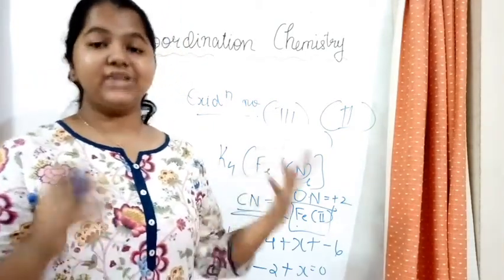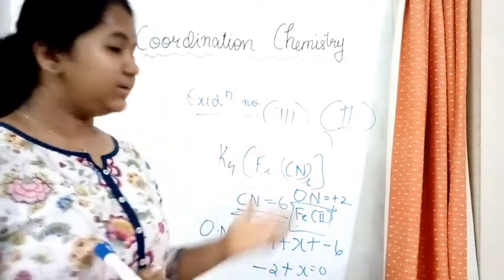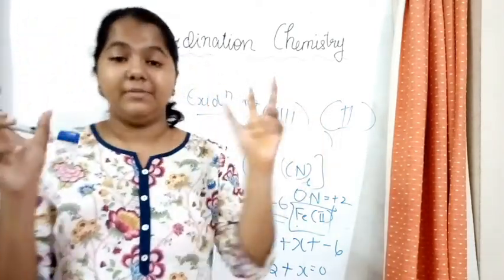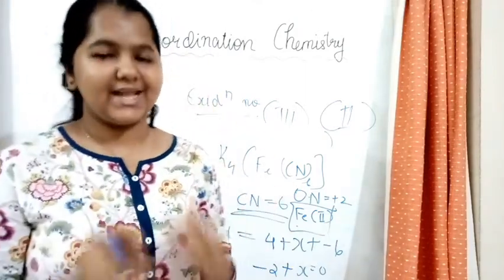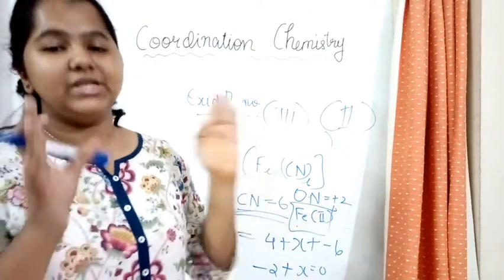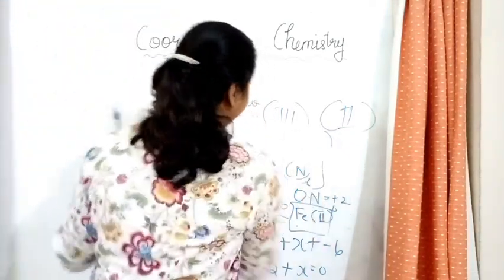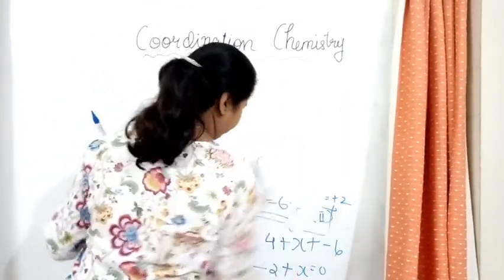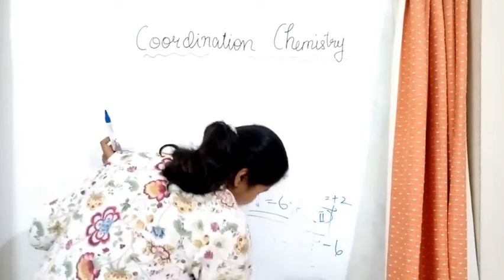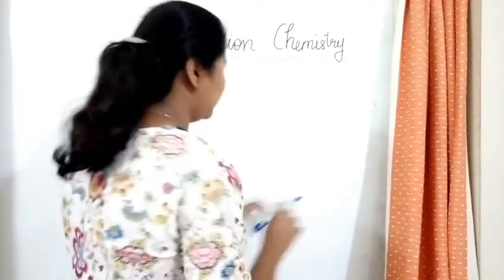Now let's see the charge on the complex. What is that term which is termed as complex? That is the entity. What entity? The coordination entity is called the complex. So the charge carried by it is what we have to find. What is the charge?